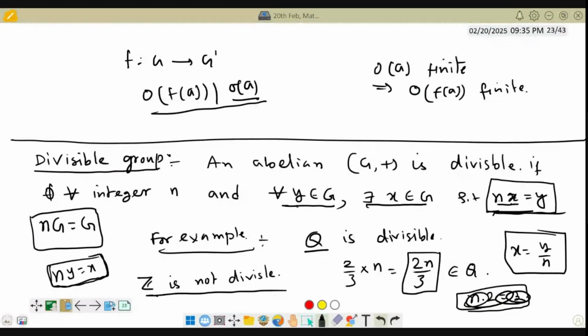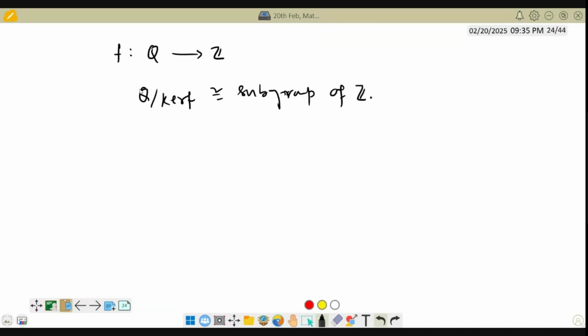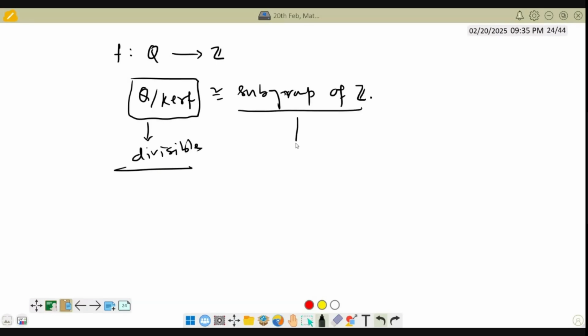For example, there was one question like this: is there any non-trivial group homomorphism from Q to Z? So you can argue this way: Q by the kernel is isomorphic to a subgroup of Z. Since Q is divisible, this quotient group is divisible, and this is not divisible.